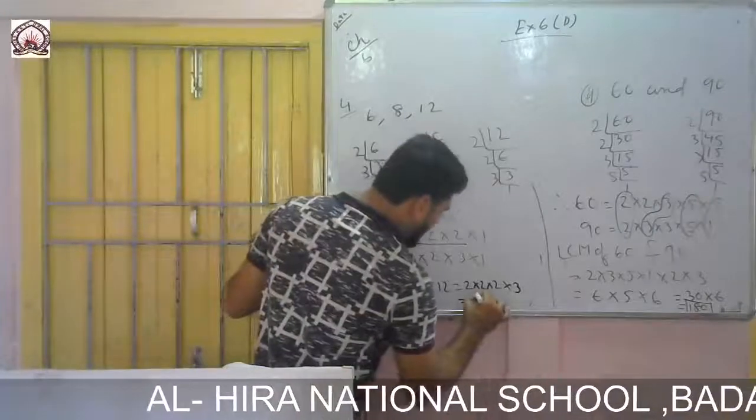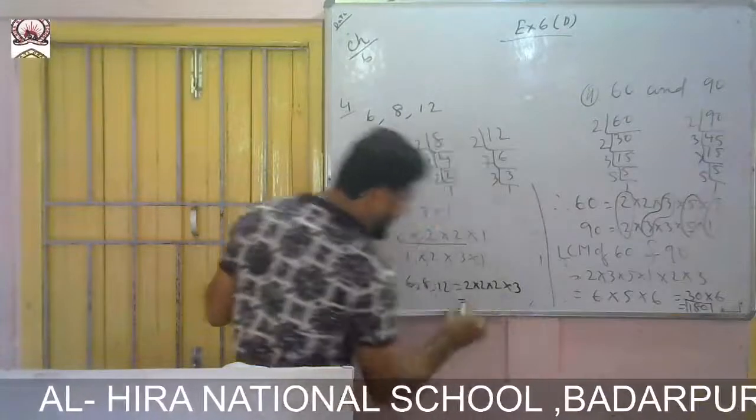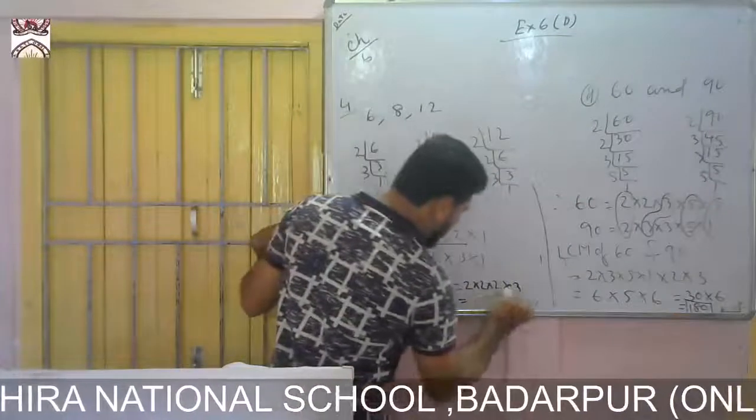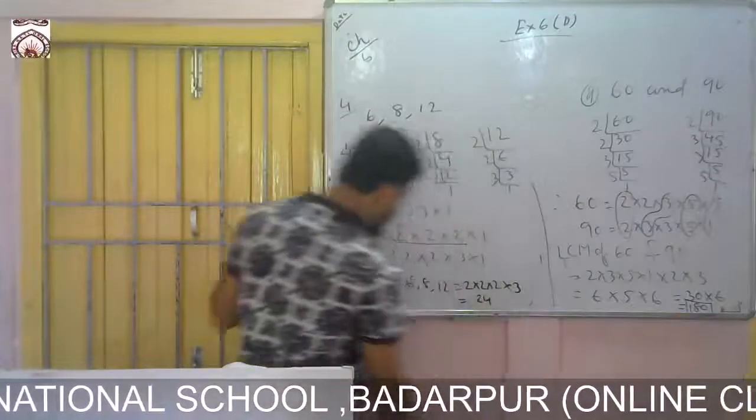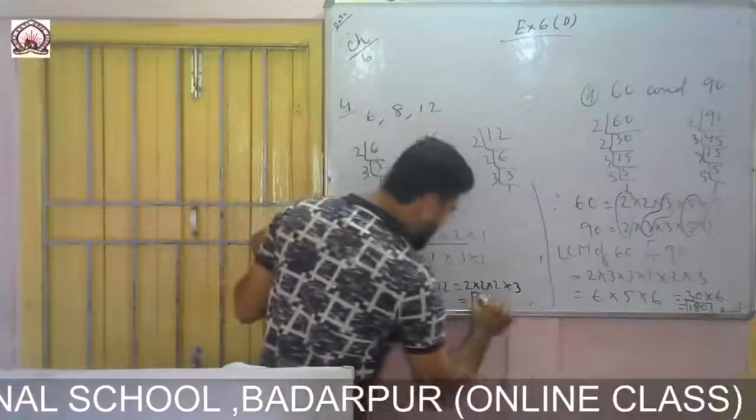Now 2 2s are 4, 4 2s are 8, and 8 3s are 24. So LCM will be 24.